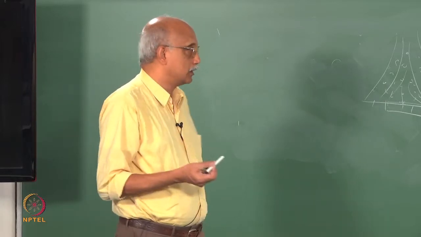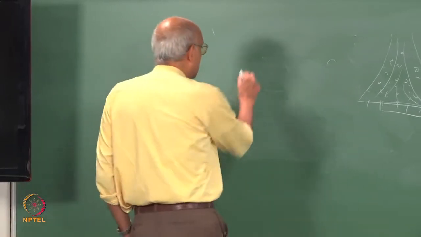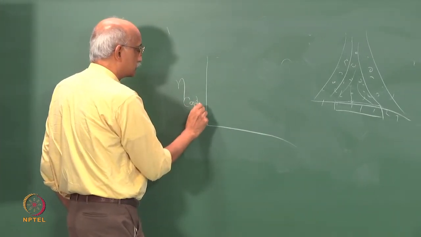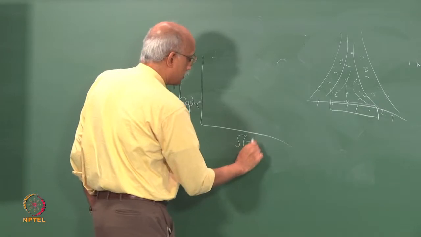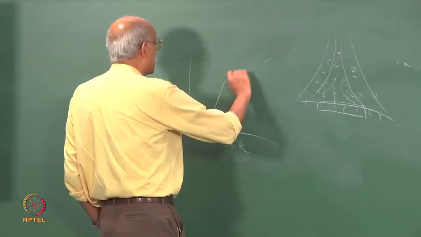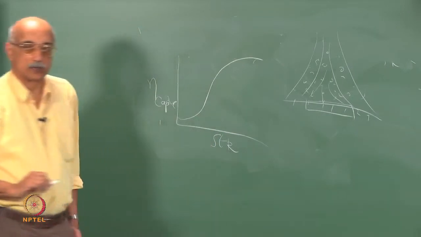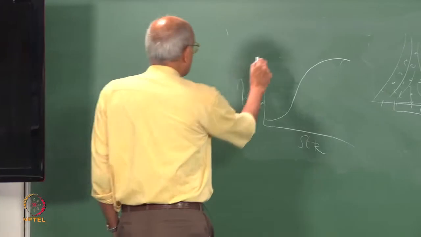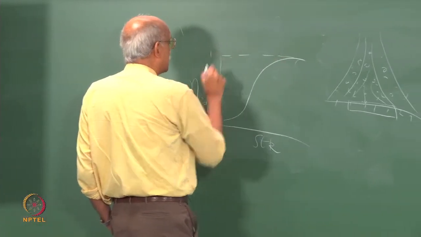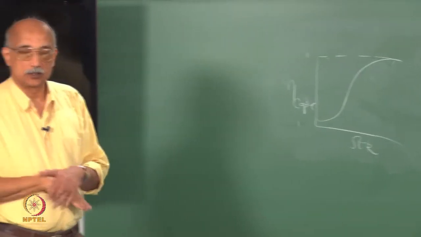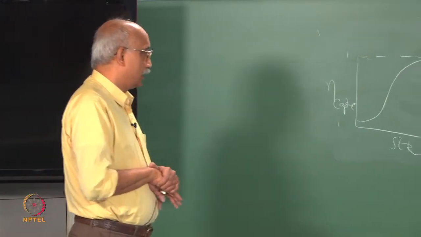Therefore, if you plot capture efficiency versus Stokes number, you will get a behavior that looks like this. The higher the Stokes number, the greater is the probability that it will be captured by the surface on which inertial impaction is taking place.